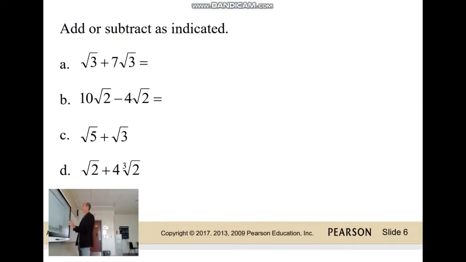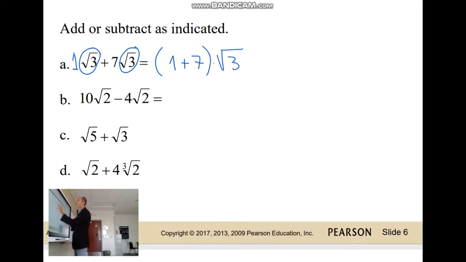Here we have square root of 3 and square root of 3. These are like radicals, and you can add them. When you have something like that, it's like having 1 multiplied by square root of 3. So you can add 1 plus 7 times square root of 3, and this equals 8 square root of 3.